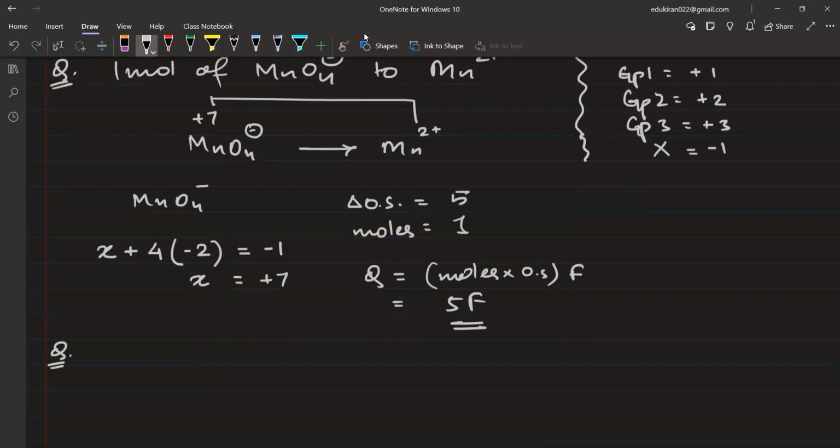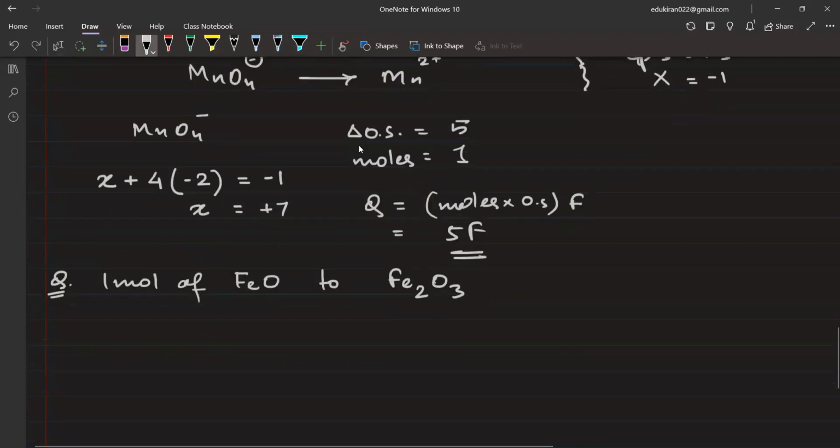Please write: 1 mole of FeO to Fe2O3. So you have to calculate the oxidation state of Fe in FeO and then Fe in Fe2O3.